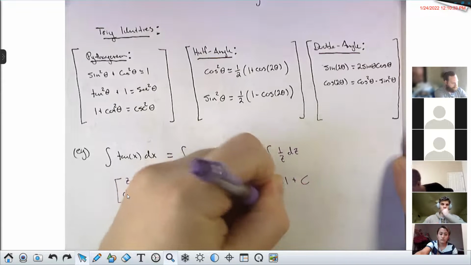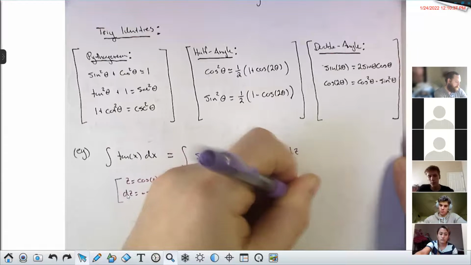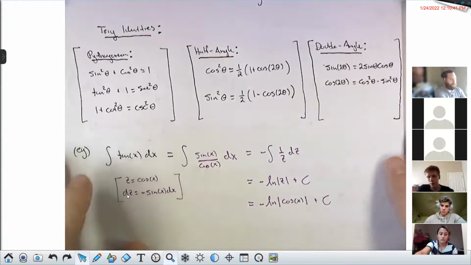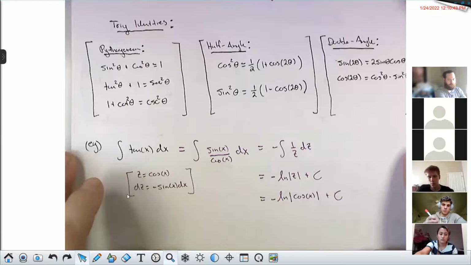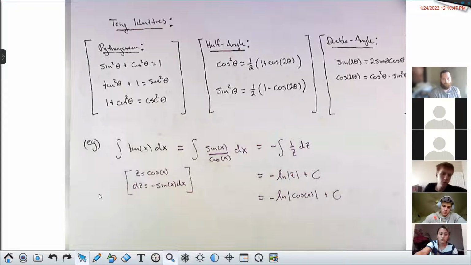Plugging back in for z, that's negative ln absolute value of cos x plus c. And then the thing that came in chat was the natural log of secant x, which is correct. How do we square that with this? Is there a way to clean the negative ln of cos x up?